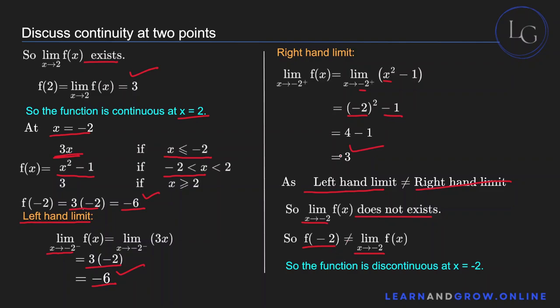It does not approach the same value from the left-hand side and the right-hand side. It only approaches the value from the left-hand side. It does not approach the value of negative 6 from the right-hand side. So the function is discontinuous at x equal to negative 2. I hope that helped.